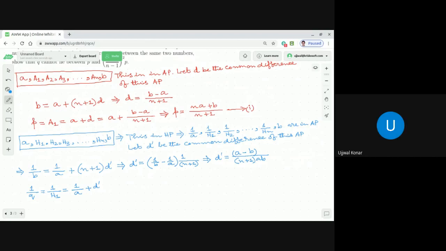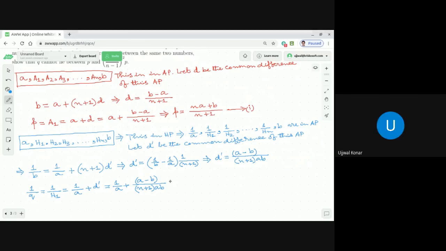Correct, dear students? So what do we get? 1 by q is equal to 1 by a plus d dash. So let's find the value of q from here. We just found the value of d dash, that is a minus b divided by n plus 1 into ab. Correct or not?